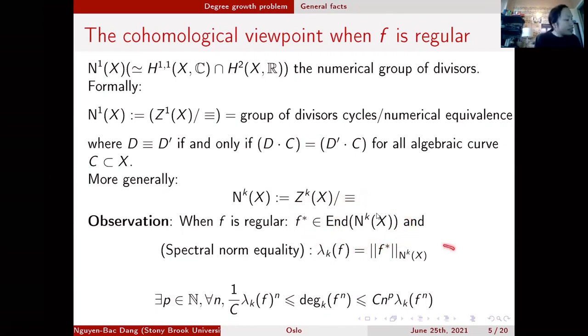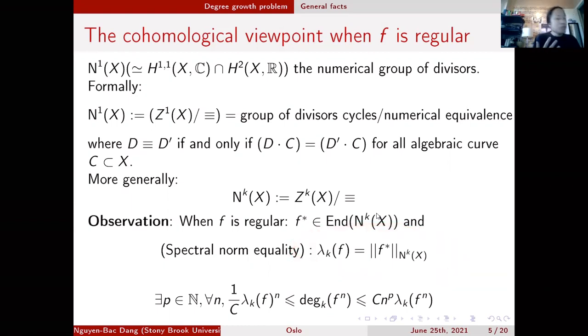And the dynamical degree that was computed as the asymptotic ratio of the degree sequence is the spectral radius of this pullback operator acting on N^k.